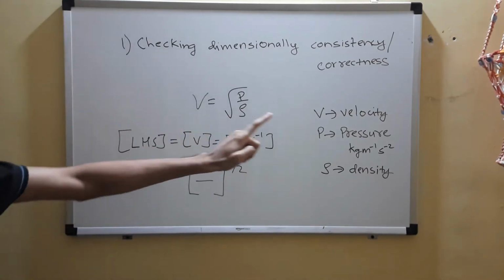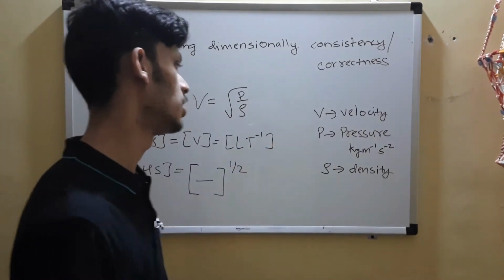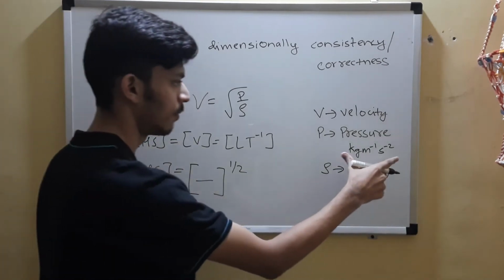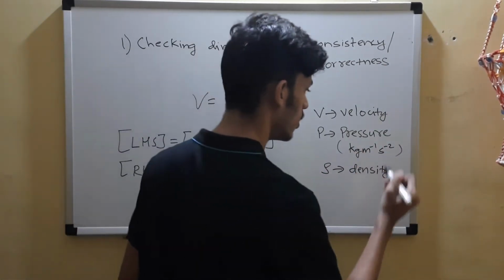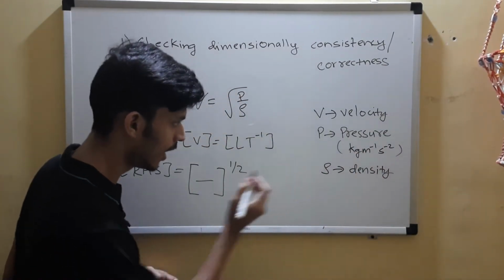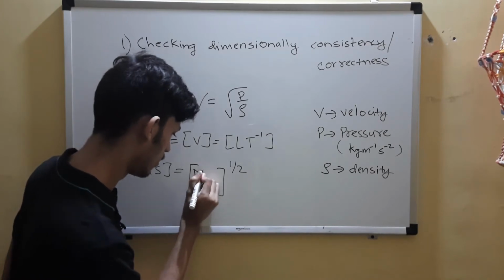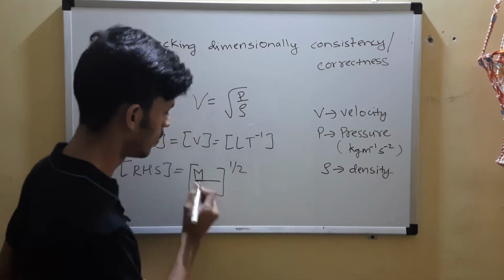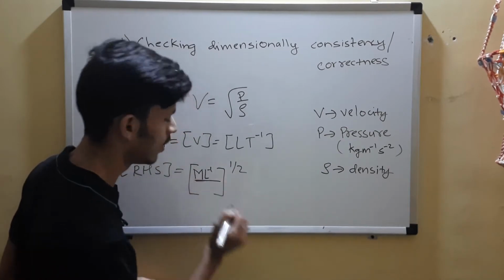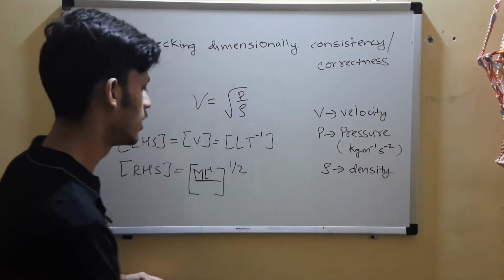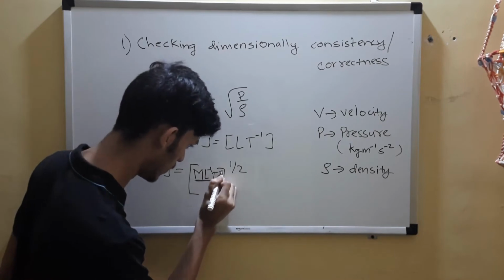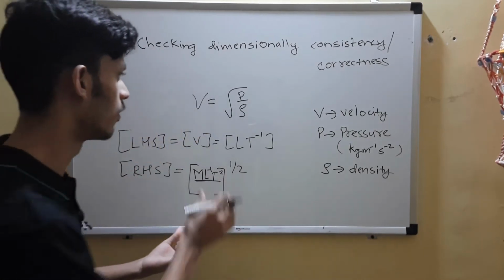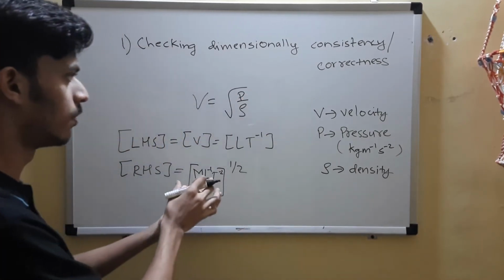Okay, now we have to go for pressure. They have provided us the units, so let's compute it through that. Kg we can replace by mass, meter raised to minus 1, so L raised to minus 1, that is length, and second raised to minus 2 or T raised to minus 2. Okay, we have got the dimensional formula of pressure.